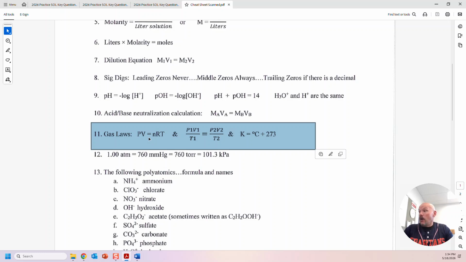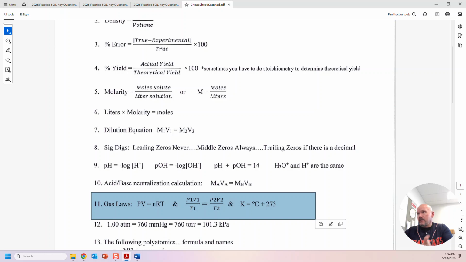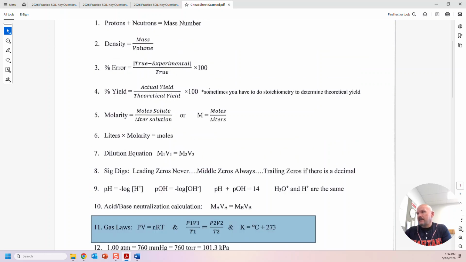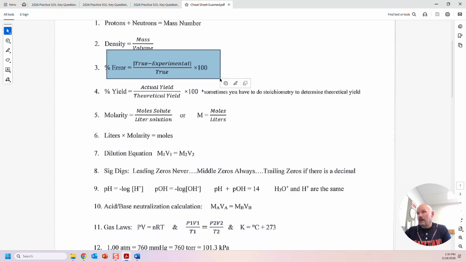So if they give you an R value, hey, you use the ideal gas law. They're not going to have you memorize all these values. You do have to memorize Avogadro's number, right? Unfortunately, you don't get a formula sheet. So the stuff on the suggested cheat sheet is the stuff I suggest on your memory dump. You're going to have to calculate percent error.